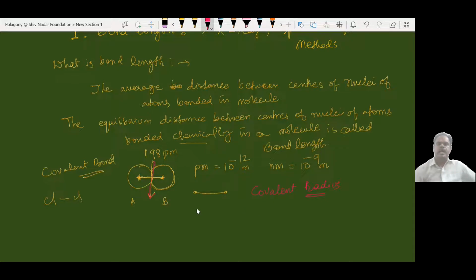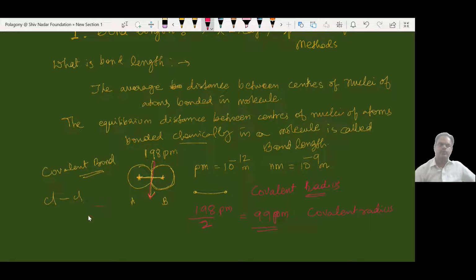If you take the average covalent bond distance, 198 picometers, and divide by 2, how much would it be? 99 picometers. 99 picometers is the covalent radius of the chlorine atom.